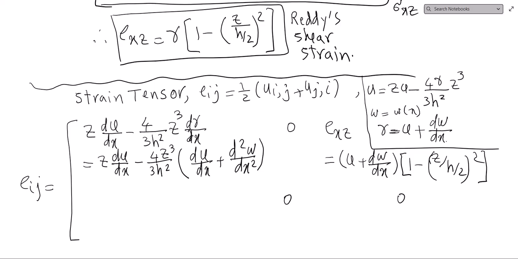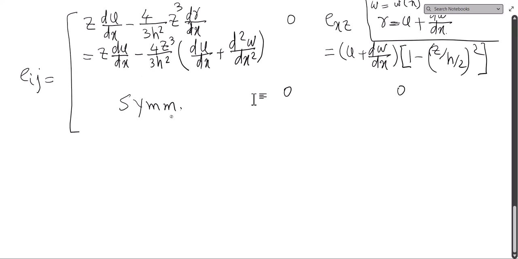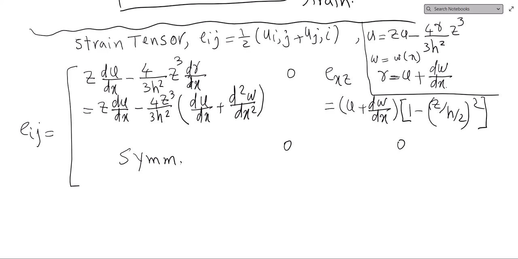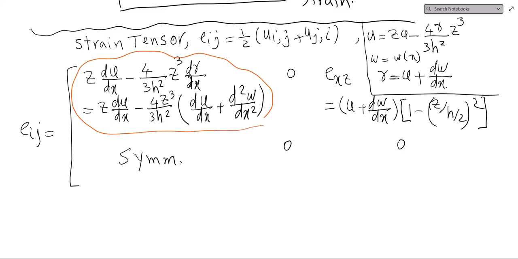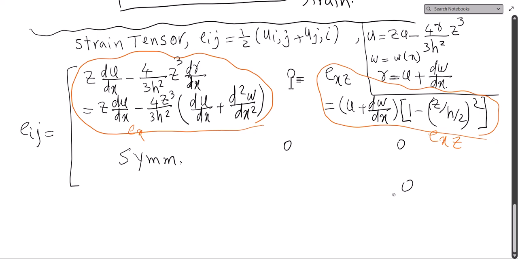E23 is 0. And then we have symmetry. So just to make sure that this is clear, this piece is E11 or EX. This is EXZ. And then we have symmetry with the condition that we have another 0 here. So diagonal only the first element we have. E12 is 0, E13, and then we have symmetry.